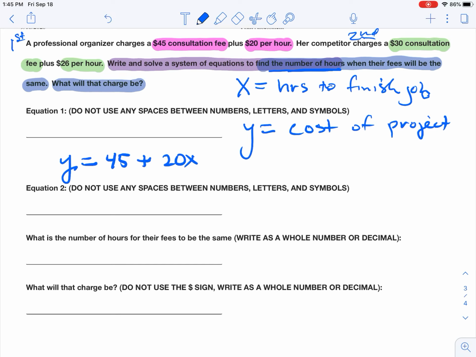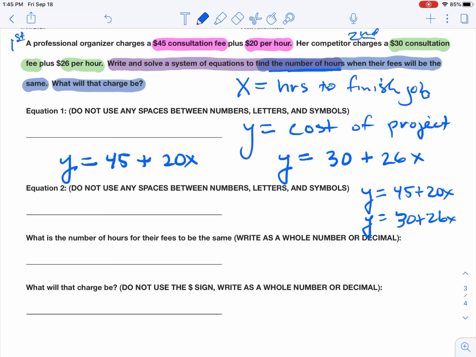Another person that does the same job has a cost of the project of a $30 fee plus $26 per hour, so 26 times X is the cost of her hourly work. So right away, what you notice is I've got a system of equations, which is nice. Those are the easiest kinds of equations to solve.